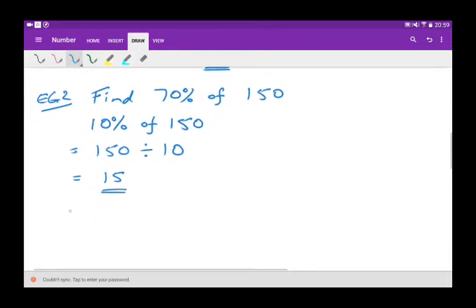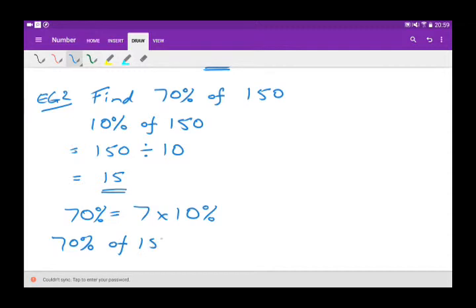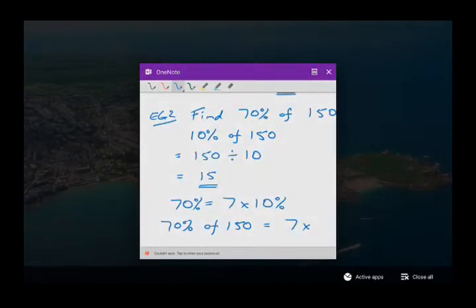Now to work out 70%, well 70% is 7 lots of 10%. Okay, I should have put that there first, sorry. So 70% is that, we've got to realise that. So therefore, 70% of 150 equals 7 times our 10% answer, which is 15.